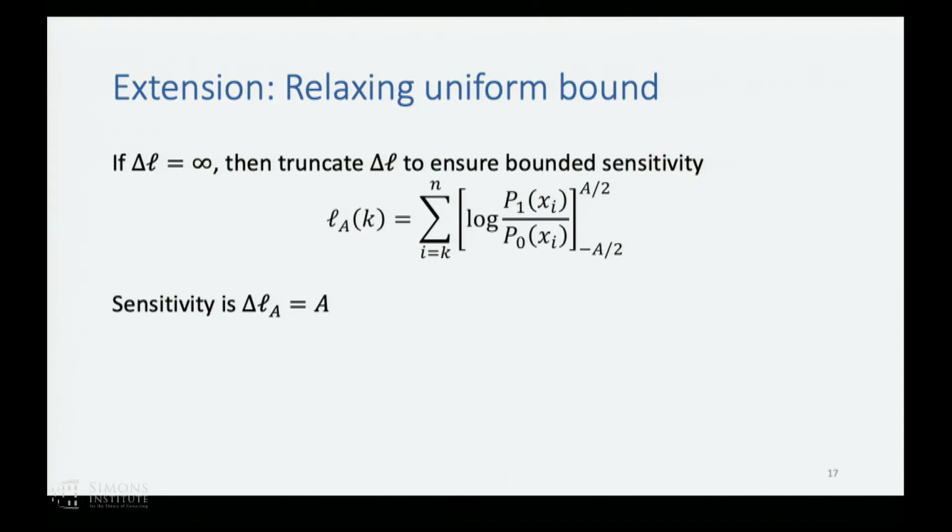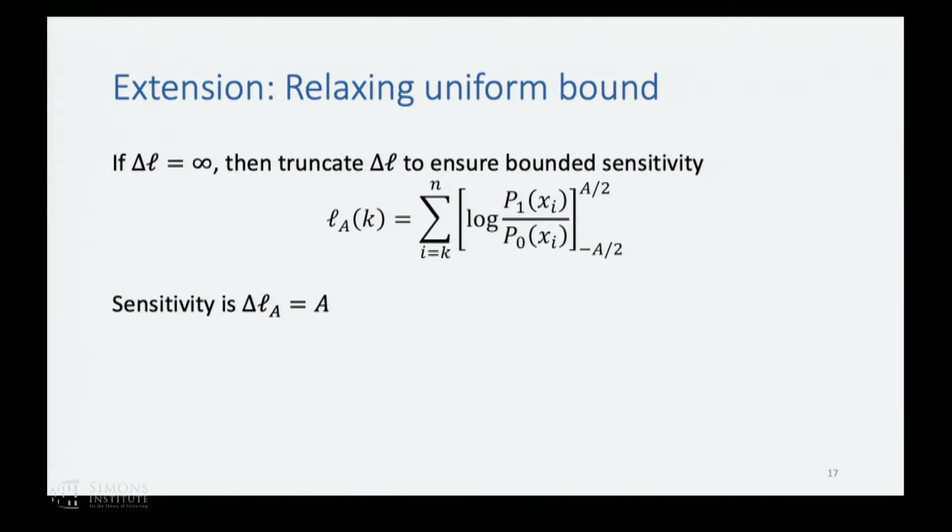Okay, and so I promised you how we can handle things if this is not bounded. Effectively, we can run the same algorithm, and we're just going to truncate our log likelihood. Before we had this sum, and we're now going to truncate it using a smartly chosen parameter A, to be within some range.